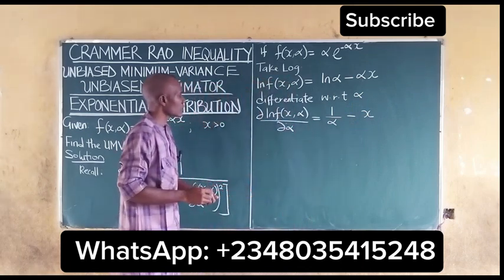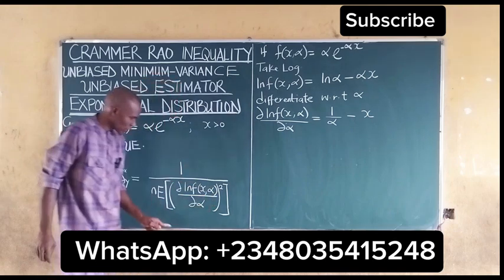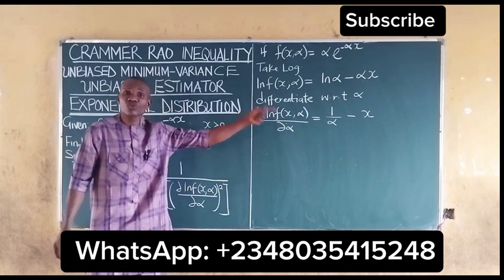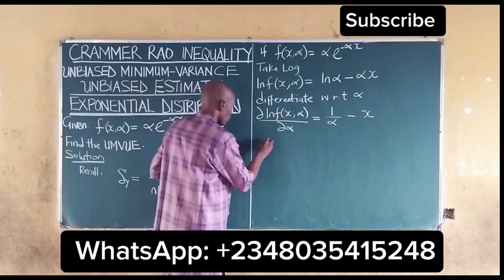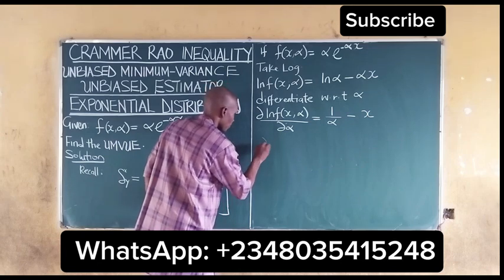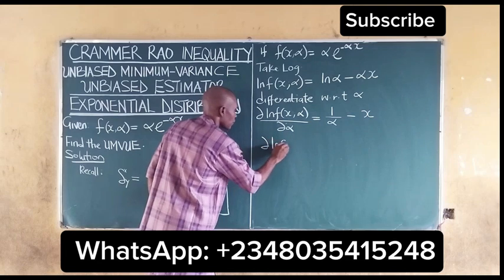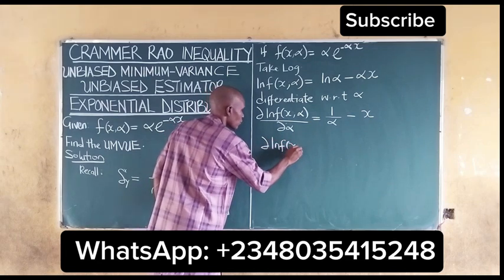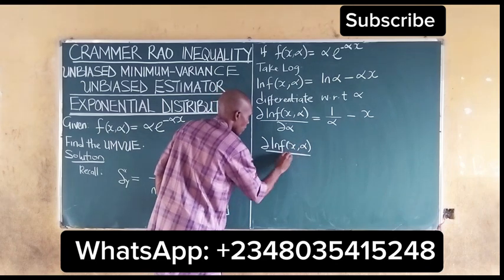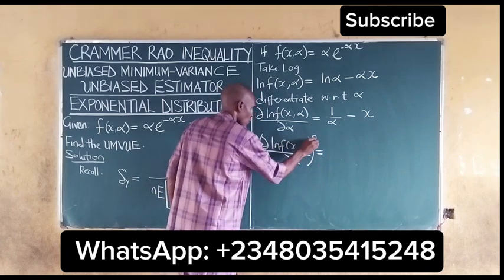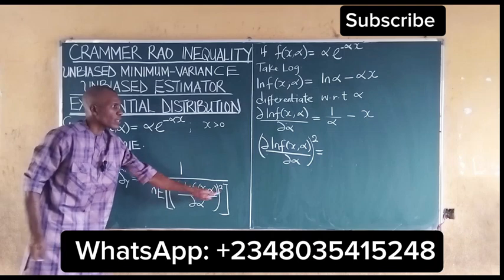That is what we'll get. So the next thing to do is to take our square. We can write it as the differential of the log of the given PDF, all squared.